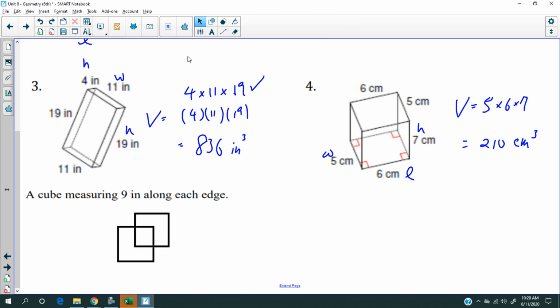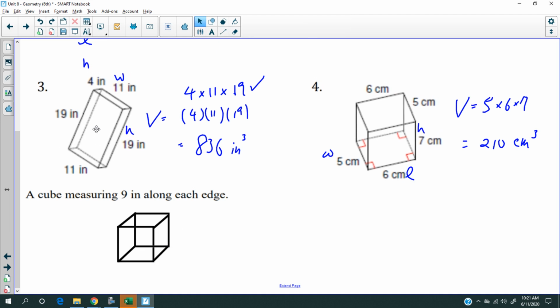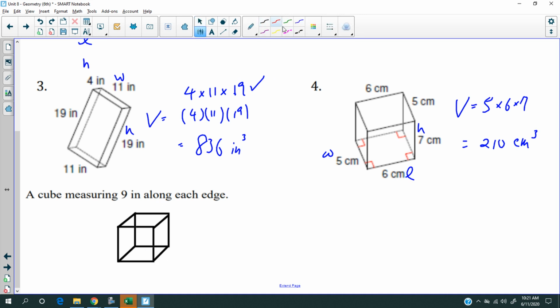It would look something like this. Like a Rubik's Cube, no one would ever think when they try to solve a Rubik's Cube that you would have something that looks like this. That's silly, right? So that's a cube. Meaning it's a 9 by 9 by 9.